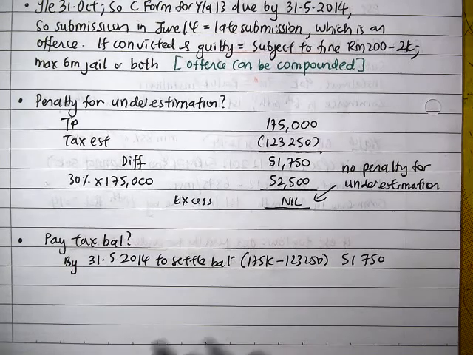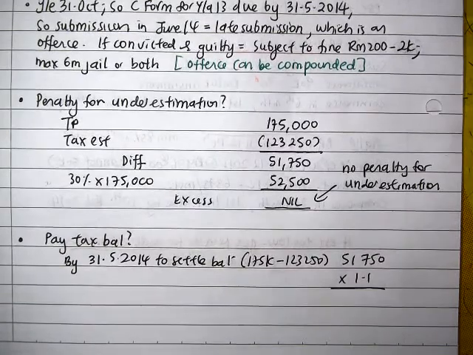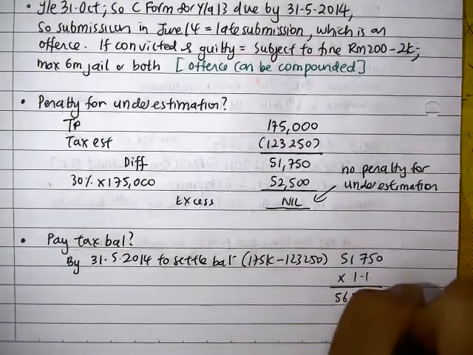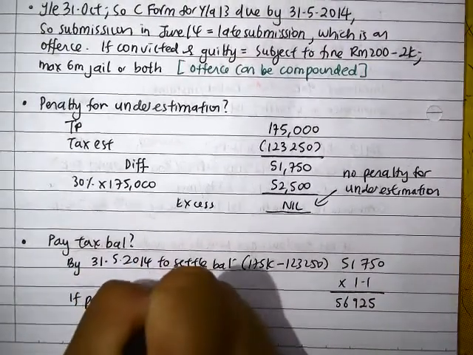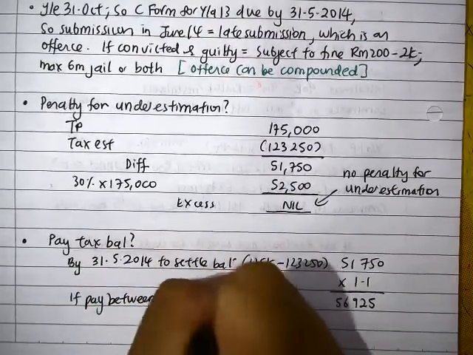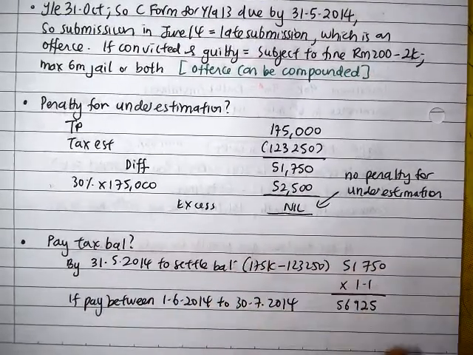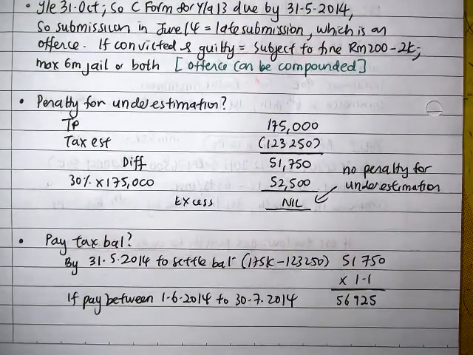So if you pay late, this amount will increase by 10% if you pay any time between 1st June to 30th July 2014. I don't know when you pay because the question never indicated.